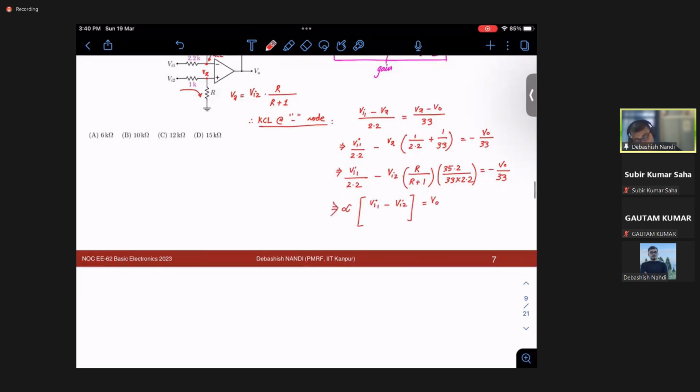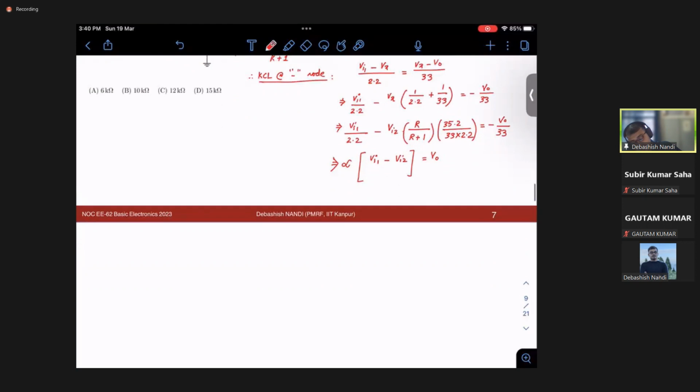So from this, if I simplify it further, V naught minus V naught is equal to 33 over 2.2. Now if you take common, it is (Vi1 minus Vi2) into R by R plus 1 into 35 over 2 by 33, right?